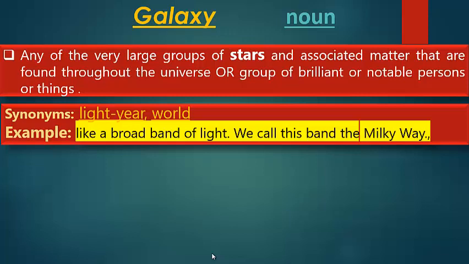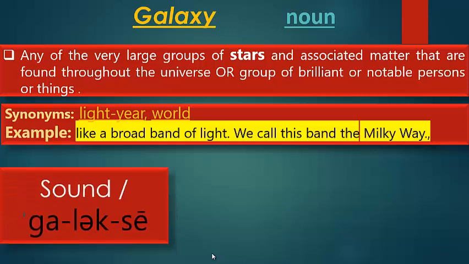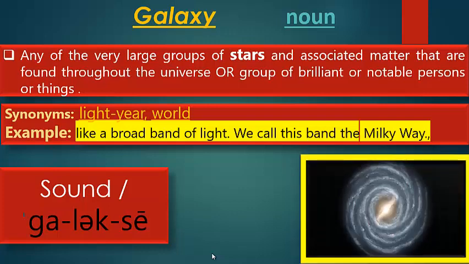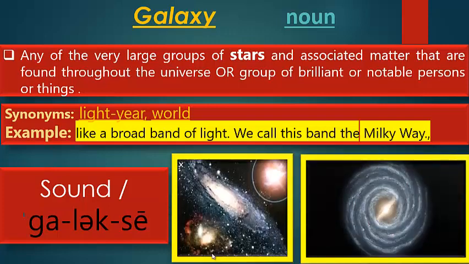Synonym: light year or world. Example, like a broad band of light, we call this band the Milky Way. So a galaxy could be the Milky Way. Sound: galaxy. This is the Milky Way example, and these are other galaxies.